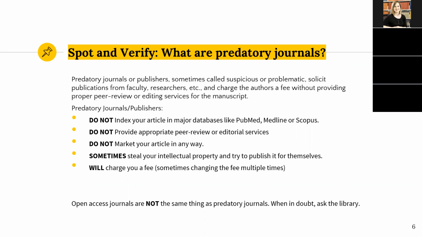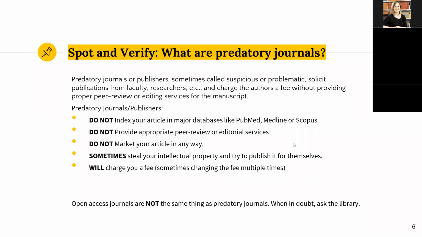What they don't do is index your article in a major database like PubMed or Medline or Scopus. So they may put it somewhere on the internet, but it's not necessarily findable in a place like PubMed. They don't provide appropriate peer review or editorial services. These are really important when we're publishing, that our articles are peer reviewed and that they're edited and reviewed properly.